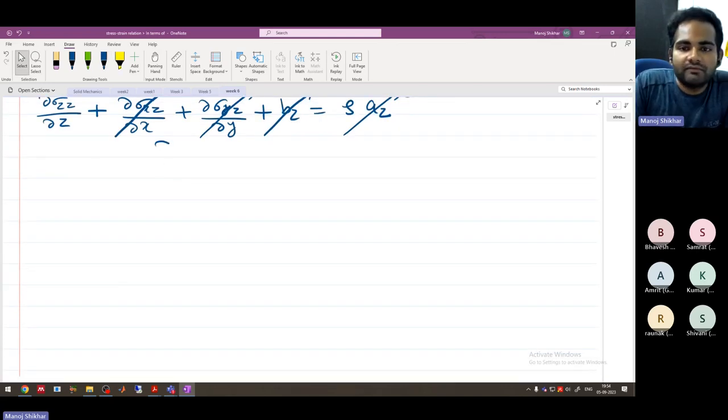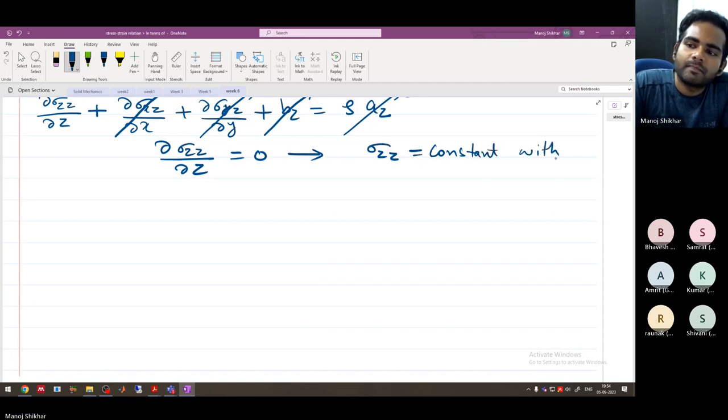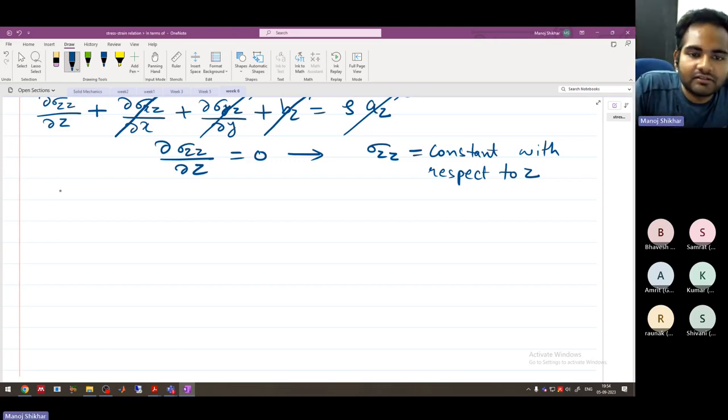So what are we left with? We are left with del sigma zz by del z is 0. What does this mean? This means that sigma zz is constant with respect to z. This is what we get. Okay, so this means that sigma zz equal to minus p throughout the rubber block.